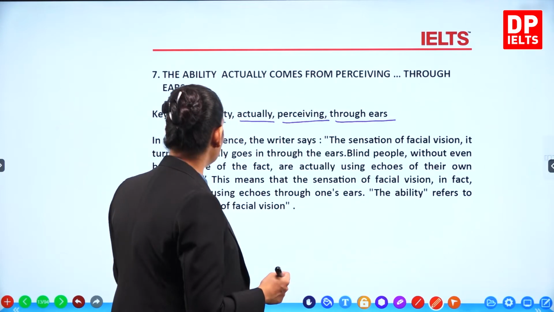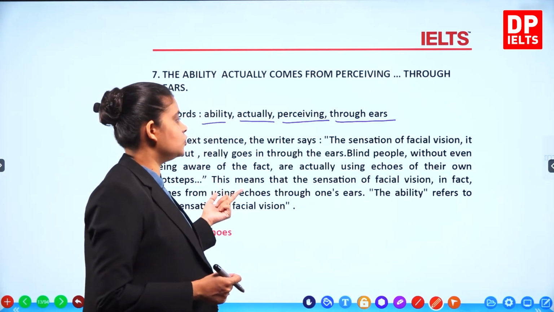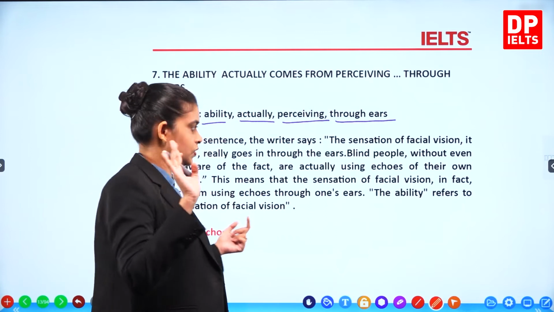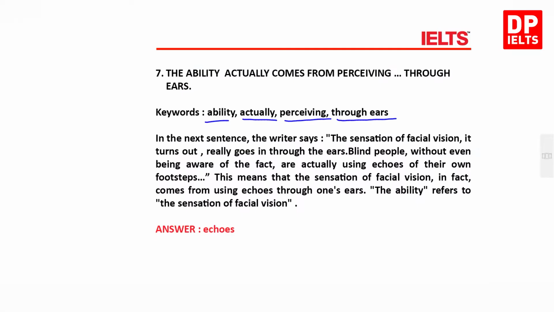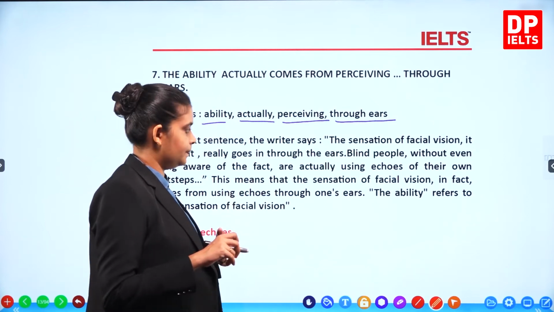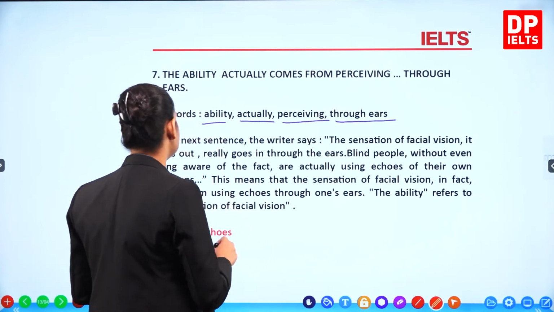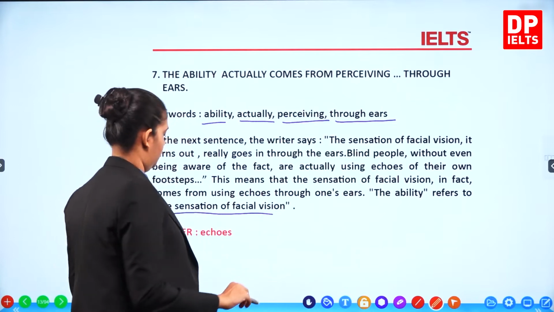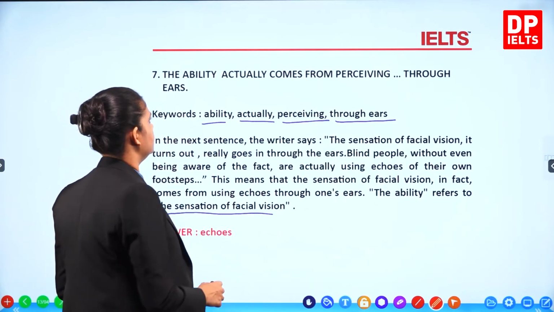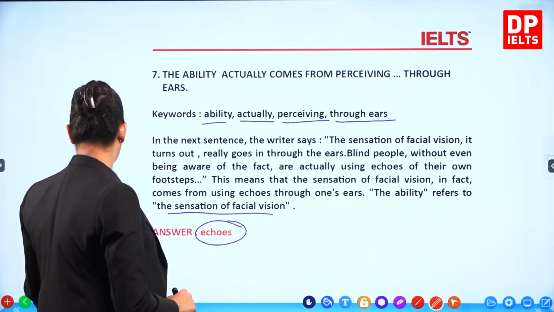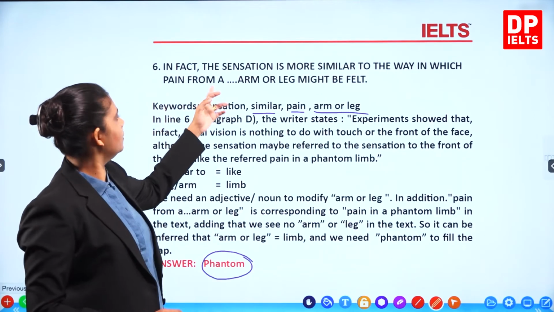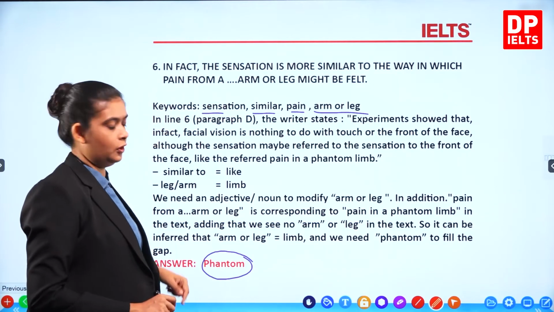Blind people, without even being aware of the fact, are actually using echoes of their own footsteps. This means that the sensation of facial vision, in fact, comes from using echoes through one's ears. The ability refers to the sensation of facial vision. Okay, so the gap there should be receiving echoes through ears. Okay, just like this here.